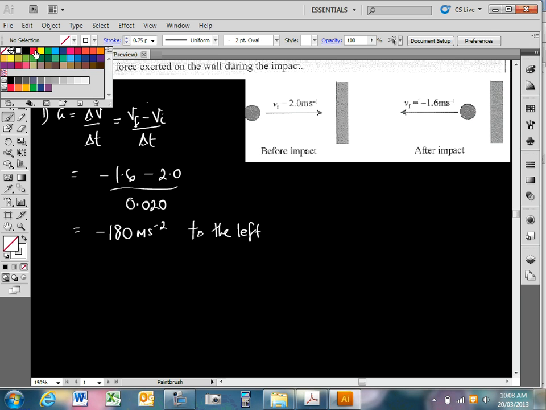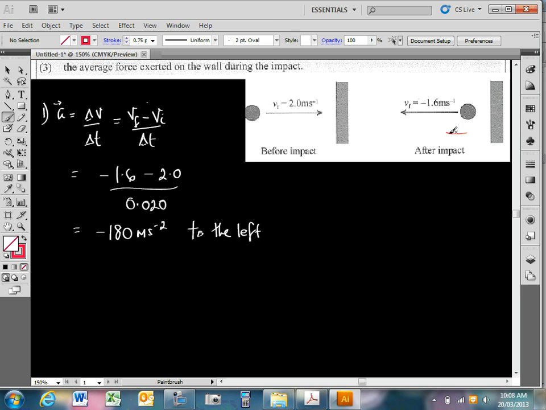Think about it like this, boys. In which direction is the force on the ball because of the wall? It's to the left, isn't it? I think you're taking it a couple of steps too far.